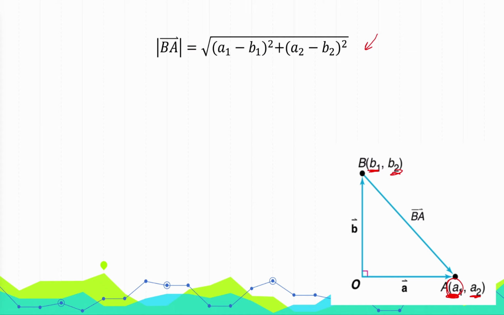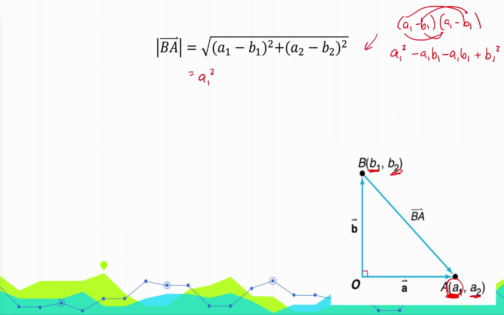So if we FOIL this out, a1 minus b1 times a1 minus b1, you're going to get a1 squared minus a1 b1 minus a1 b1 plus b1 squared.